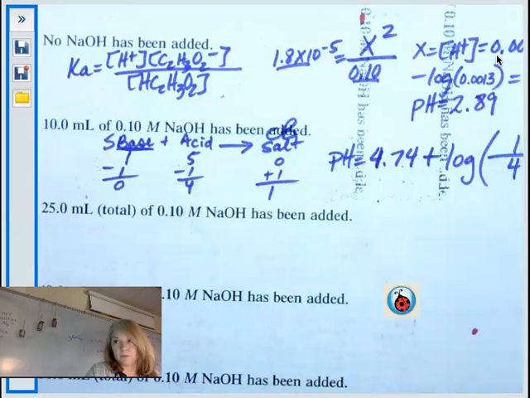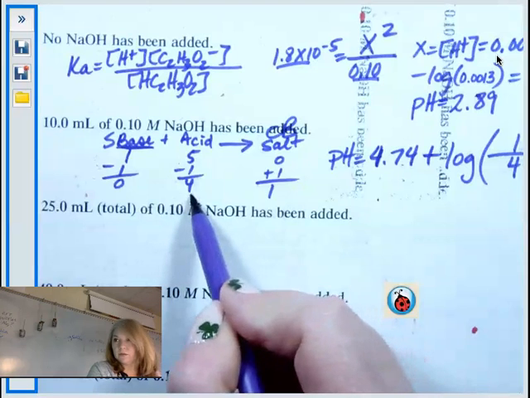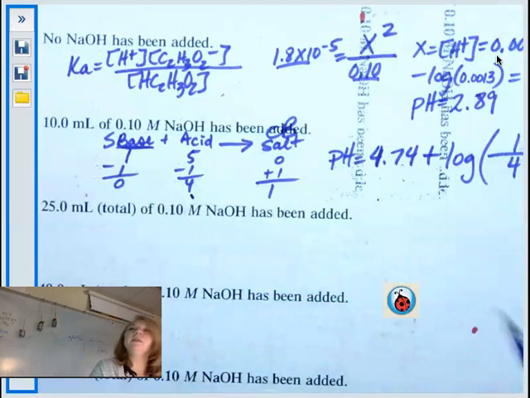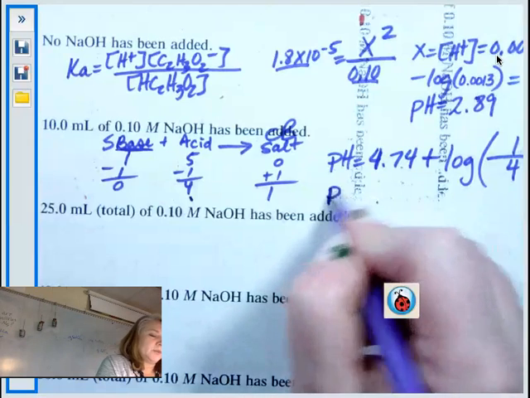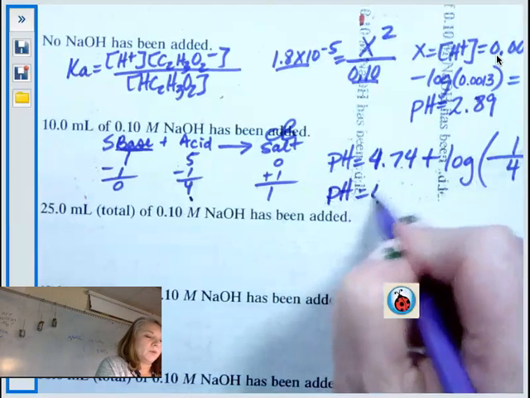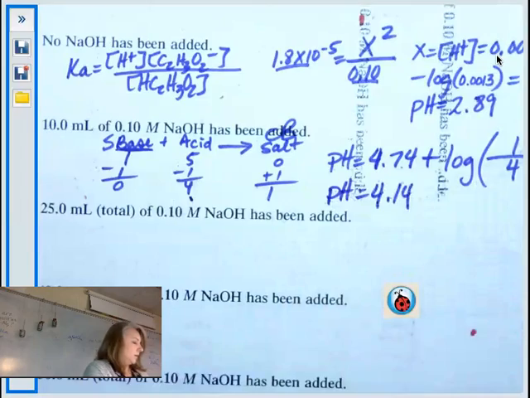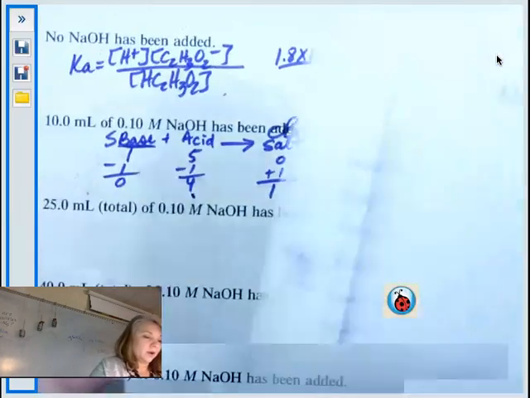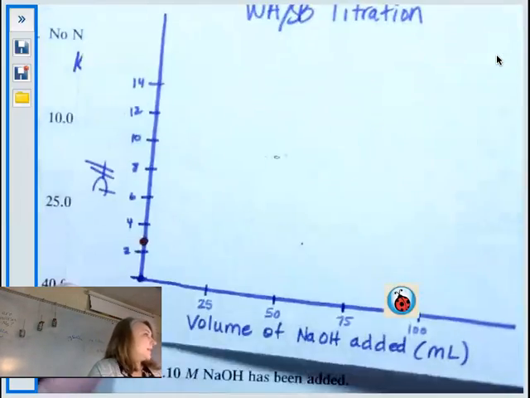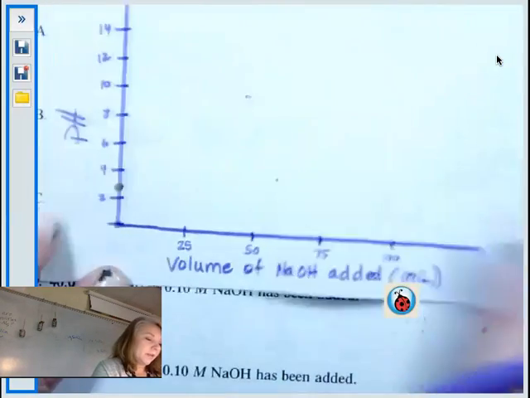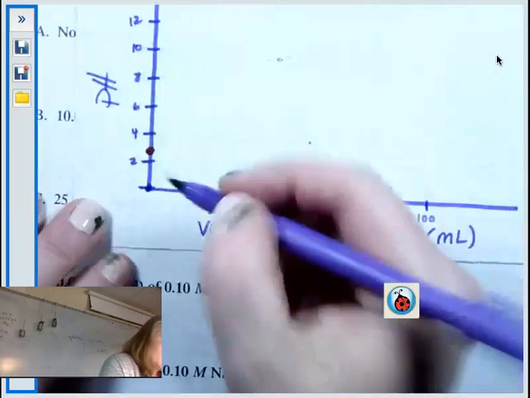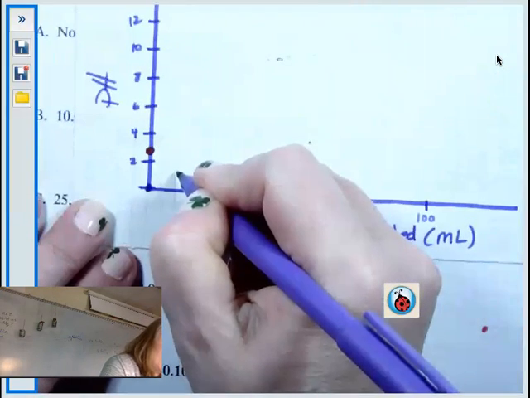But we have acid left. Okay, gotcha. We'll talk about that. What are you guys getting for your pH now? 4.14. All right, so our salt is the conjugate base. We just added 10 and we're going to 4.14.